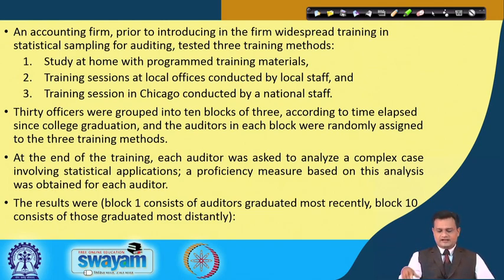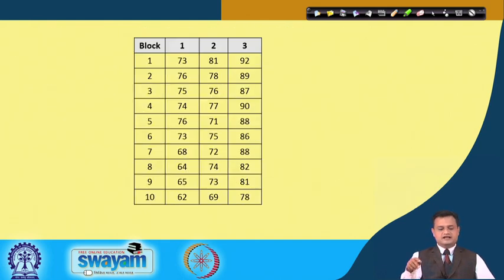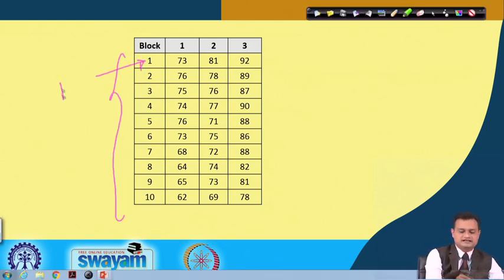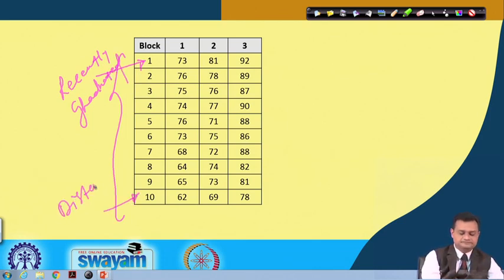So this is exactly what I did, and you can see here that this is my block 1 to 10, and block 1 means recently graduated, and these are distantly graduated.